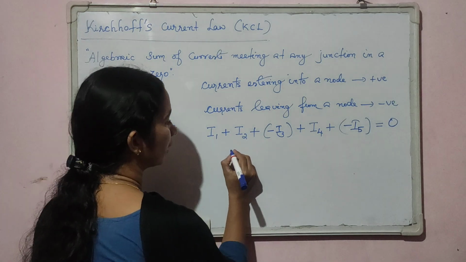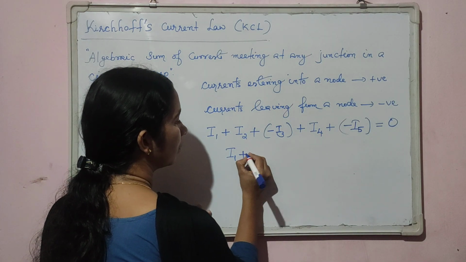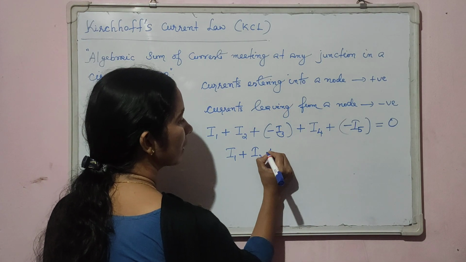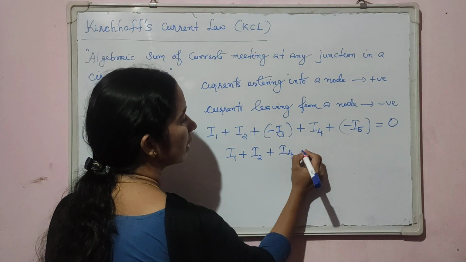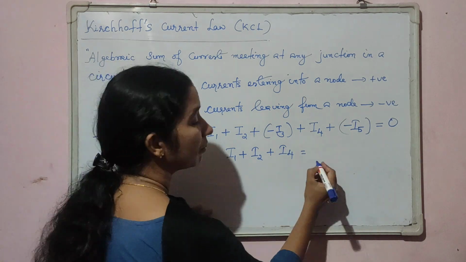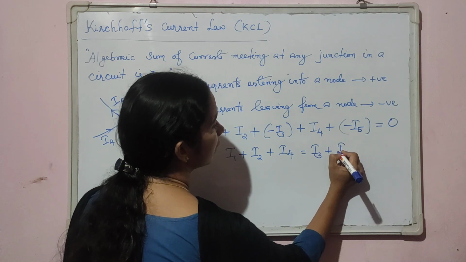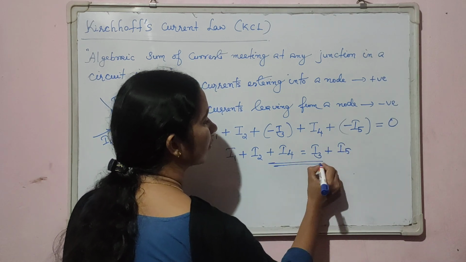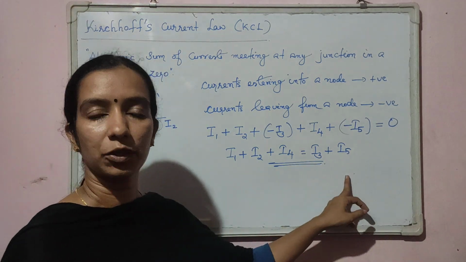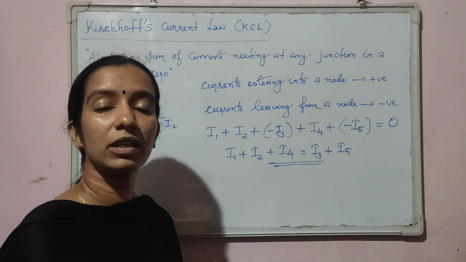Then the equation will become I1 plus I2 plus I4 is equal to I3 plus I5. I3 and I5 go to the right hand side.